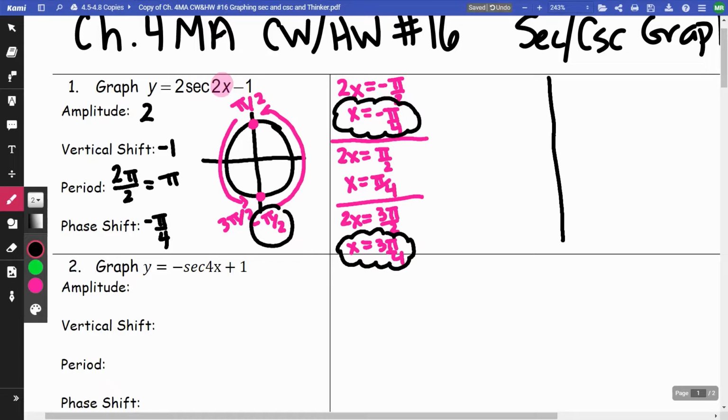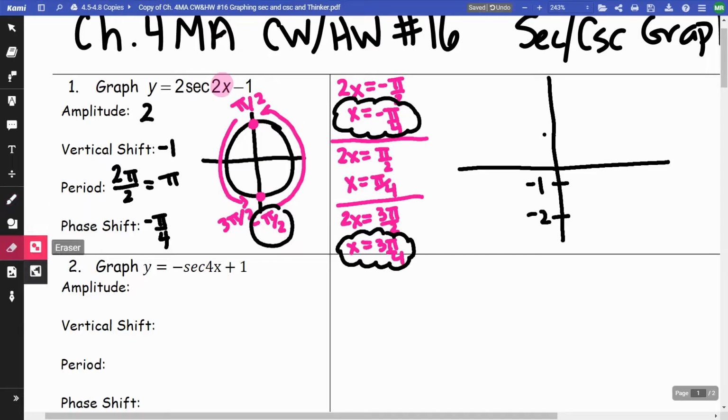So when I'm graphing this, I'm going to be down at -1, down below that at -2, and 1 above, 2 below that because my amplitude is 2. And 2 above, so that's going to be 1.